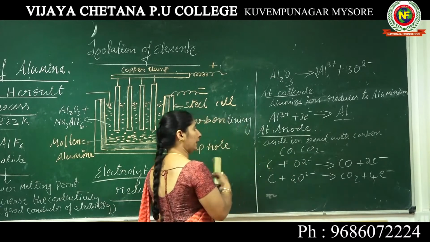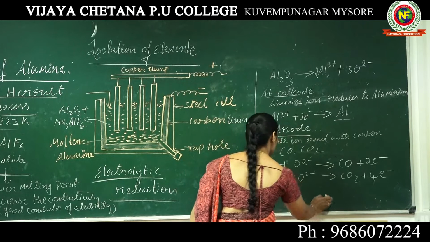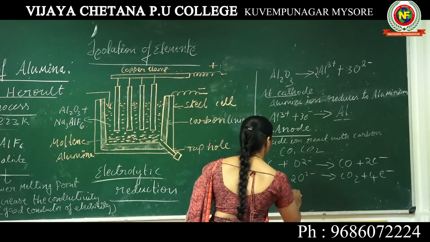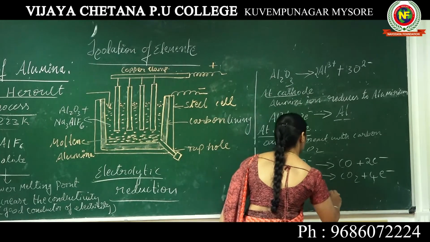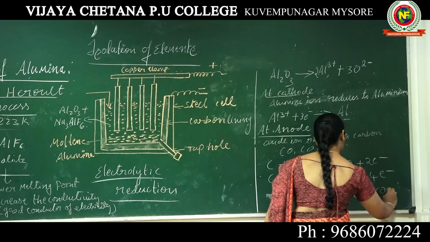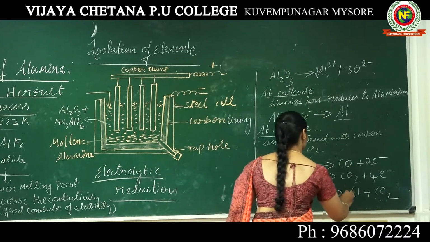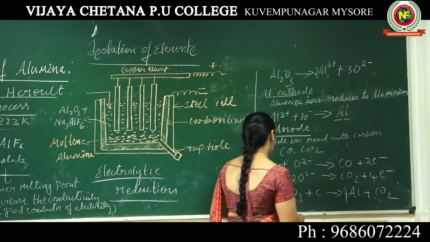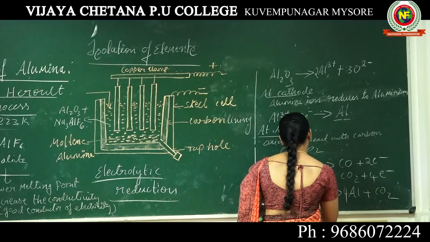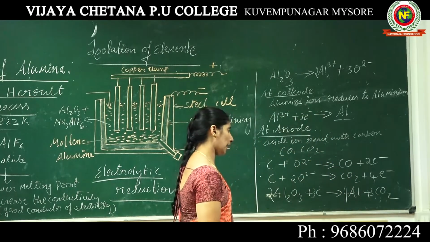So what about the net equation? Here the net equation is Al2O3 plus C gives rise to Al, pure aluminium, and CO2 gas, where the carbon dioxide gas escapes.